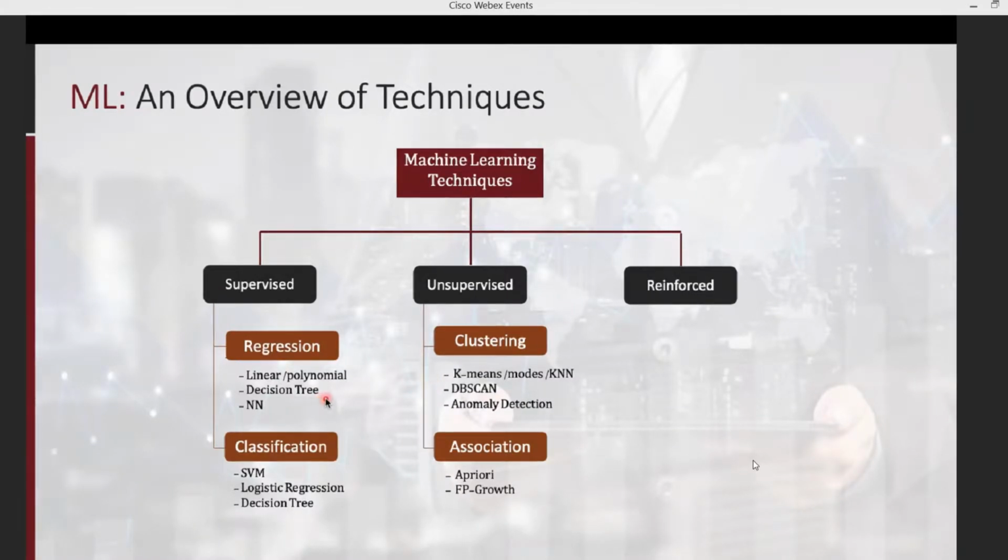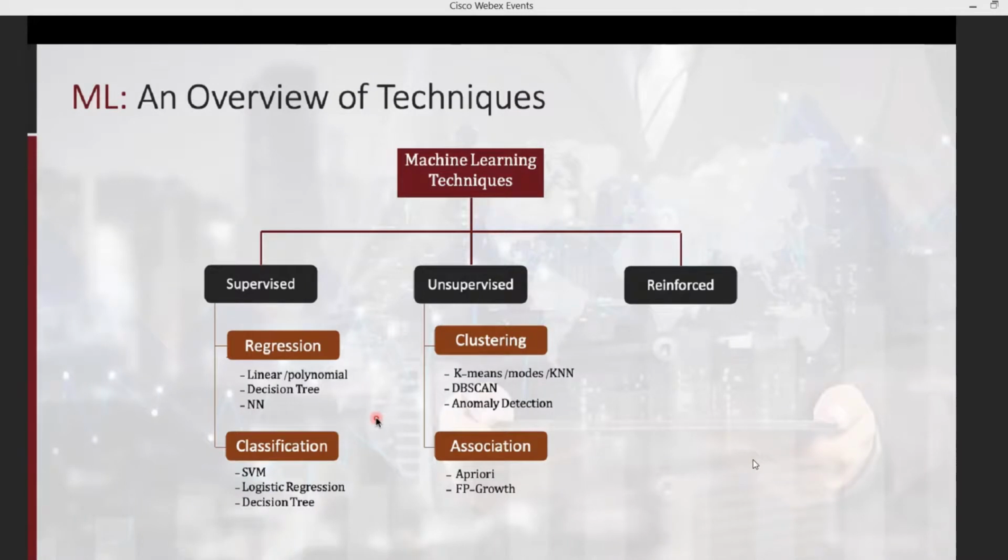There are complex ensemble techniques like random forest and XGBoost, which are based on the fundamental concept of decision tree. Neural networks, as I talked about, are a part of deep learning, and that's how they fit into regression-based approaches as well. Classification, as mentioned previously, is more about telling zero or one, though having multiple classes is also an option.